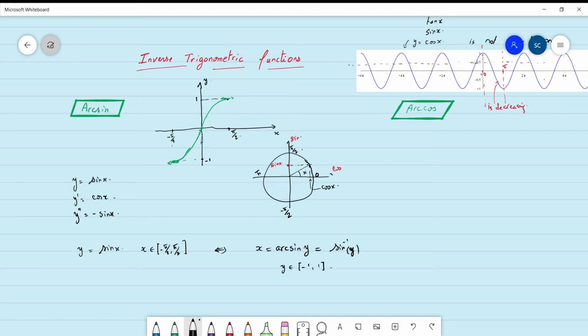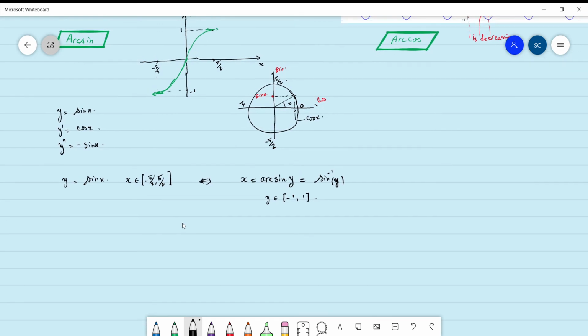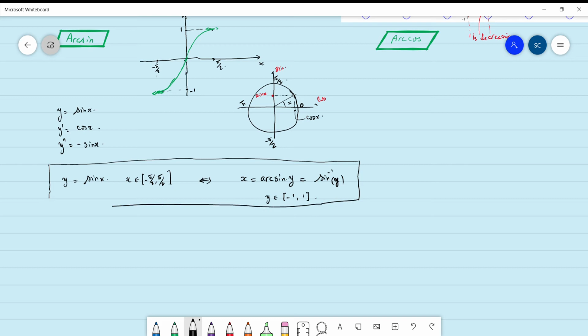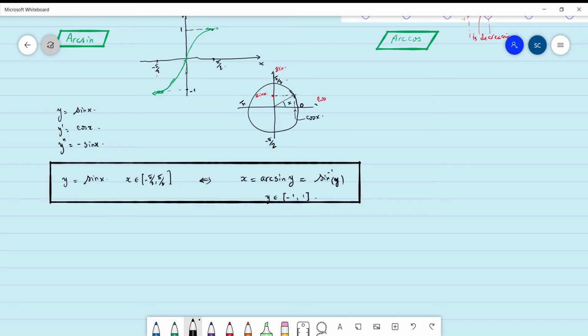We can deduce properties of the arcsine function just from the ones we know of the sine function. So keep this one, this box is important.